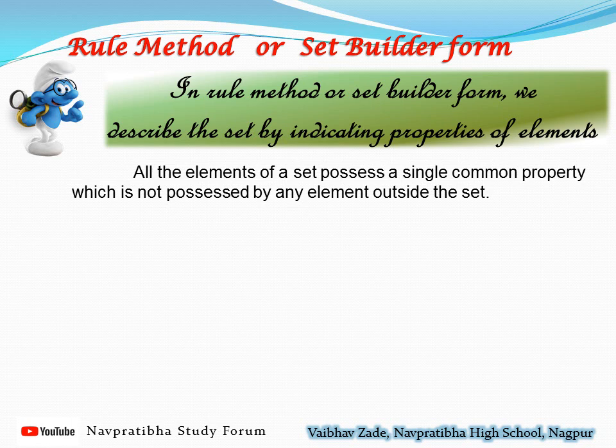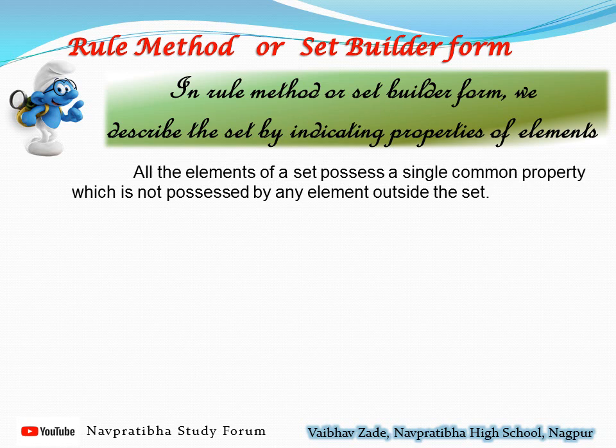It means we only consider the common properties of elements which satisfy the set, and which do not satisfy any other element outside of the set. So while building the set, we have to only consider the common property of the set.